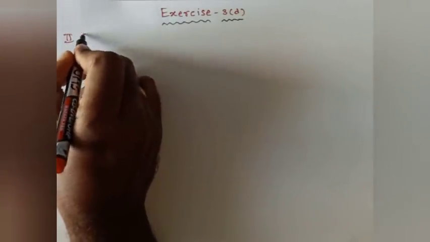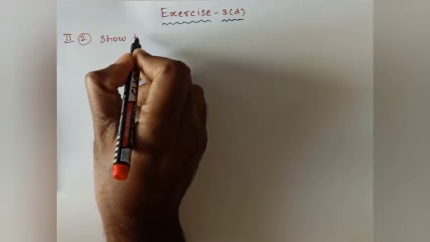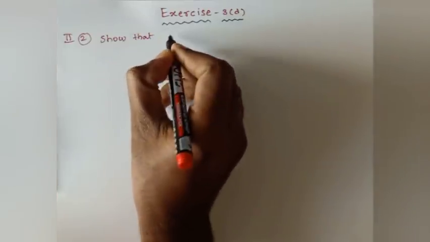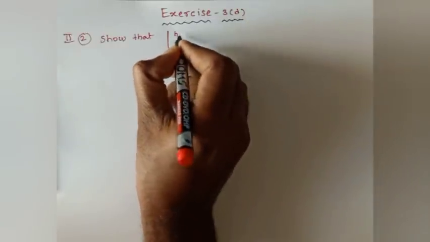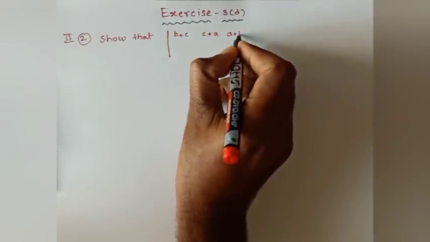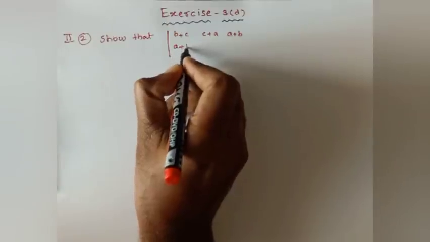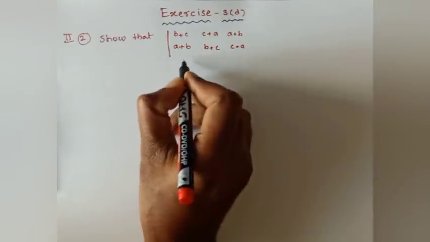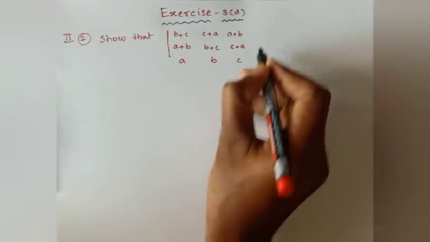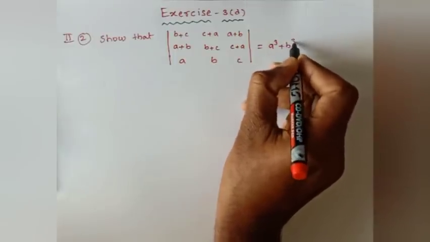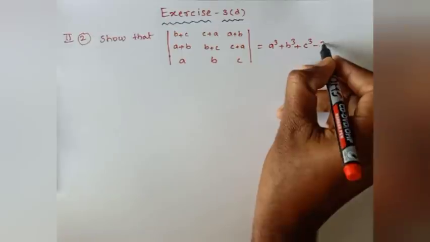In that, the second problem is: show that the determinant with first row b plus c, c plus a, a plus b, second row a plus b, b plus c, c plus a, and third row a, b, c, equals a cube plus b cube plus c cube minus 3abc.